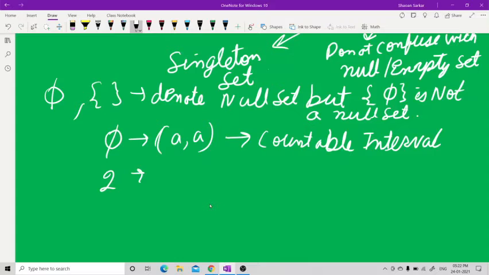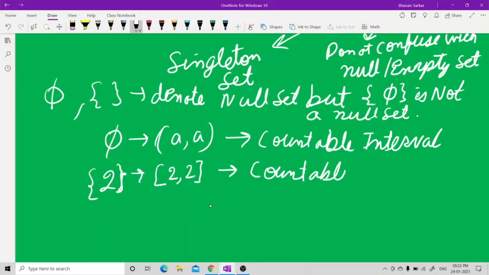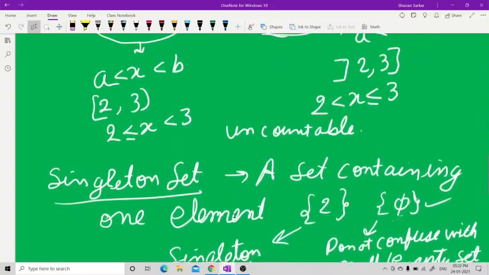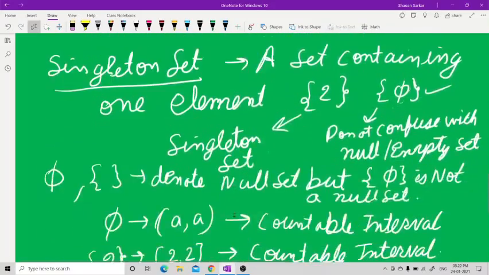That means this is a closed interval from 2 to 2. This is also countable. This is a singleton set. This is also a countable interval, whereas the ones on top were all uncountable.